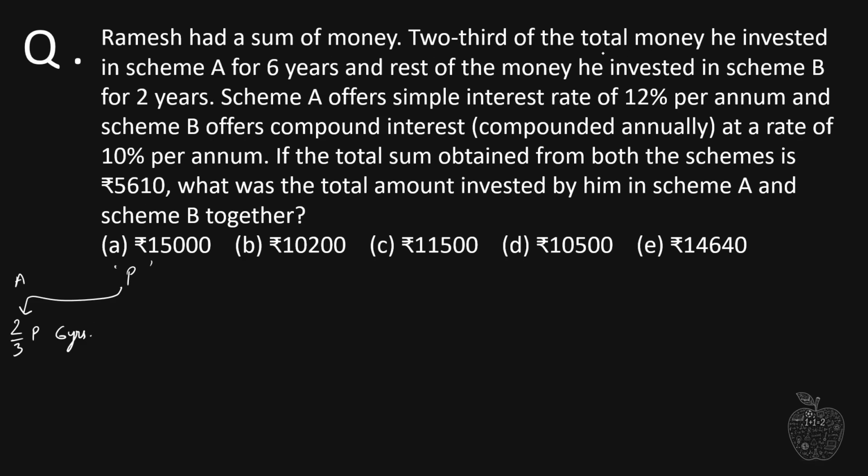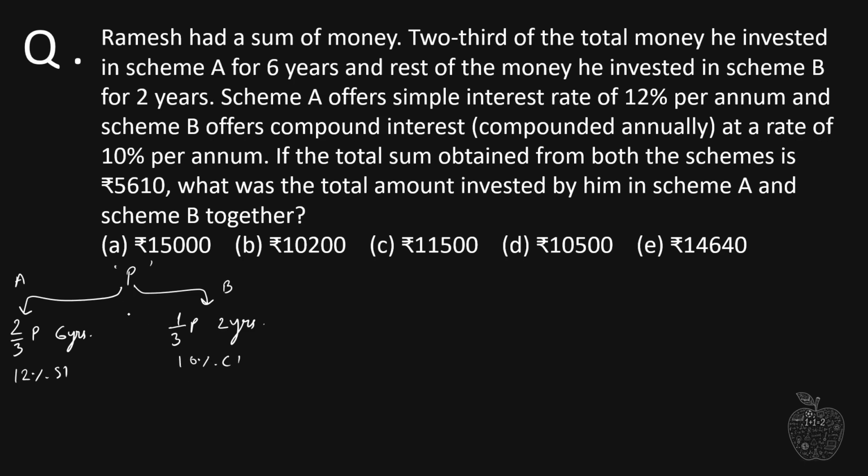The rest of the money, which is 1/3P, is invested in scheme B for 2 years. Scheme A offers 12% simple interest and scheme B offers 10% compound interest.